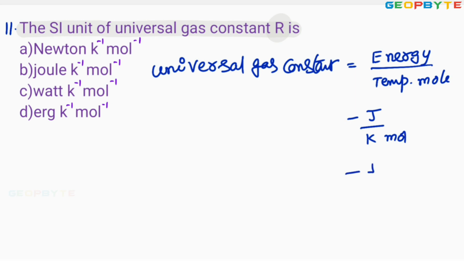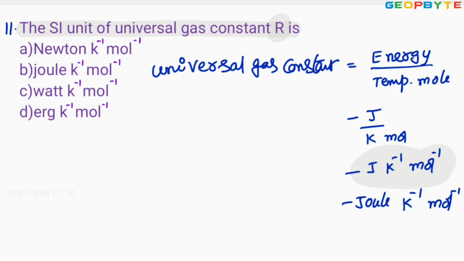So it is joule Kelvin inverse mole inverse. That is the unit of universal gas constant: joule Kelvin inverse mole inverse.